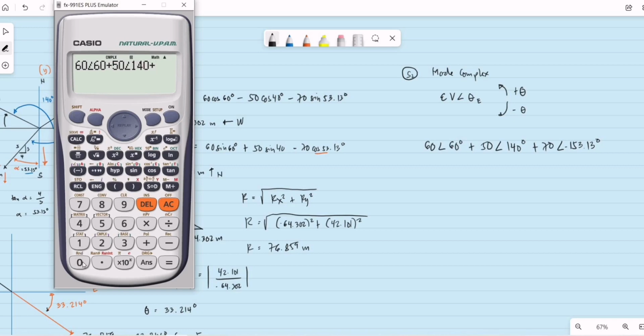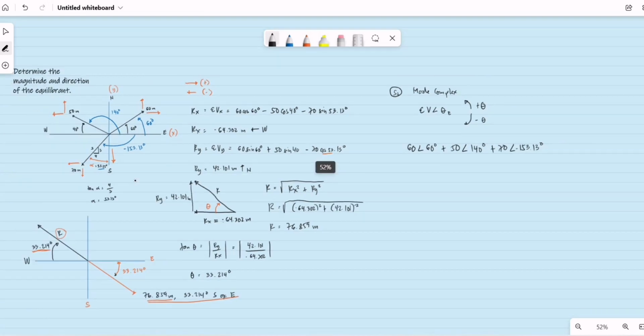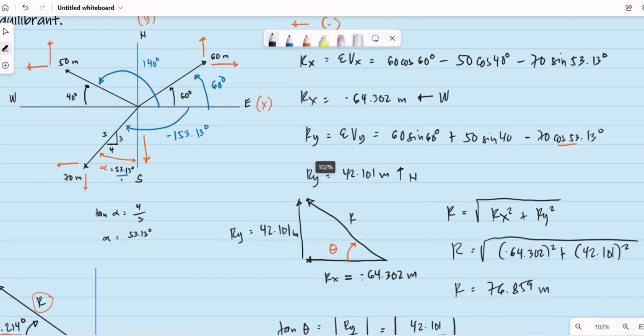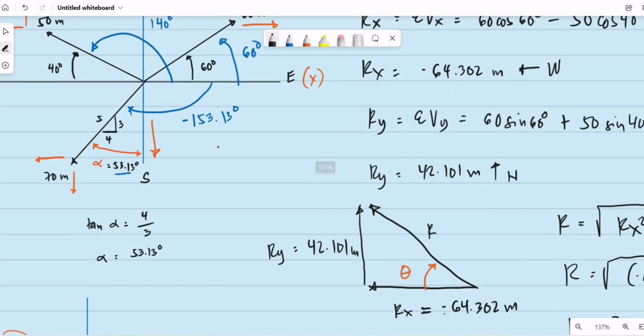Then plus the 70, shift negative sign, this is a negative 153. Or is it 153? Let us just counter check. 53.13 degrees plus 90, this should be 143 only.